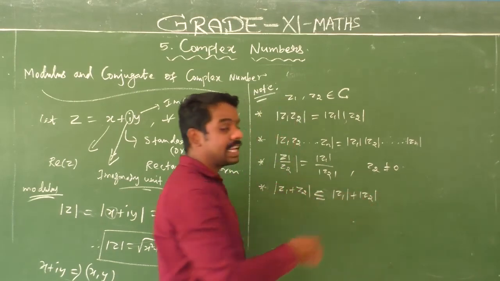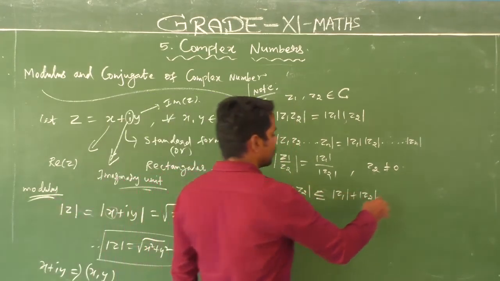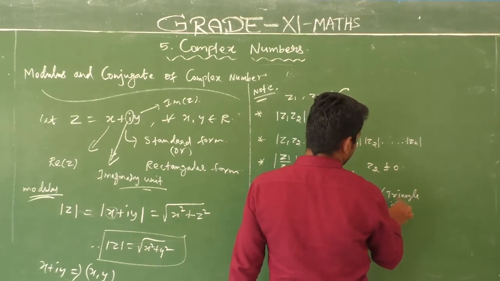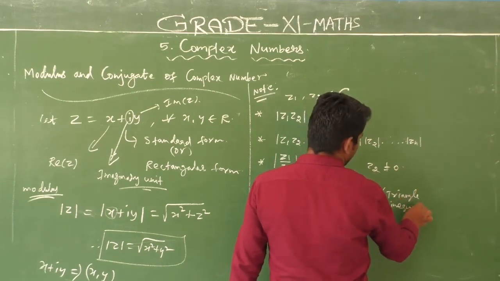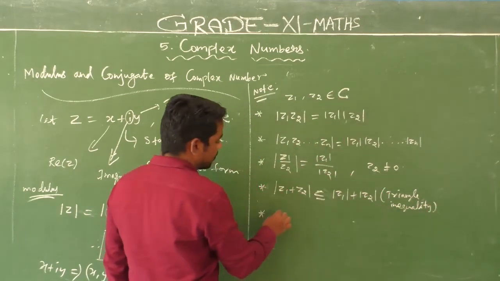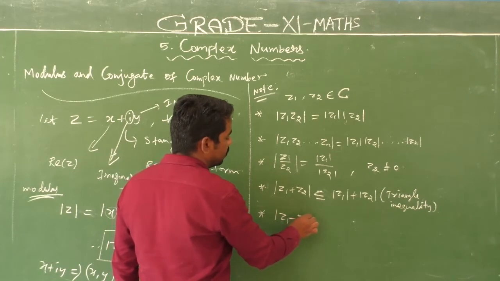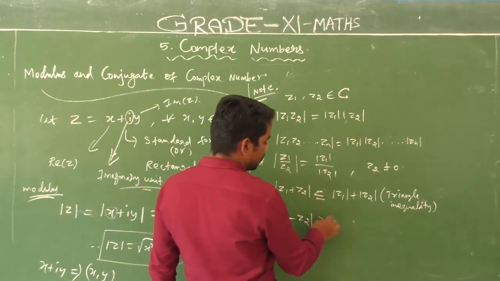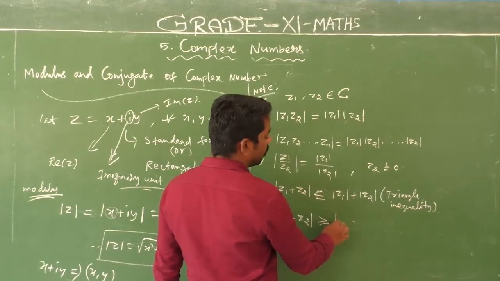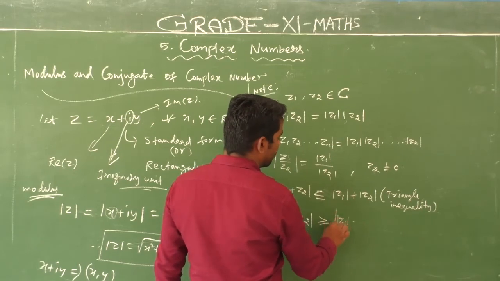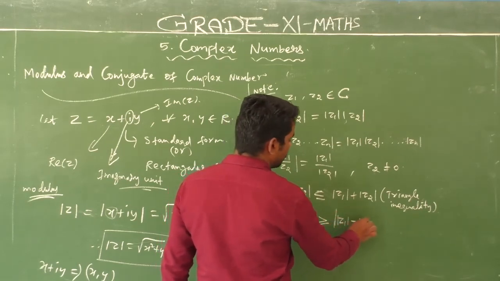This is the triangle inequality. Next, the modulus of z1 minus z2 is greater than or equal to the modulus of modulus z1 minus modulus z2.